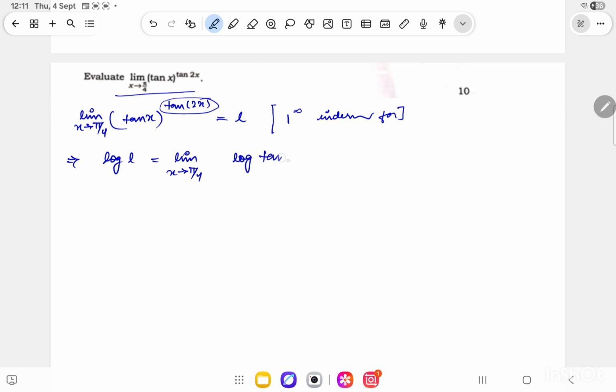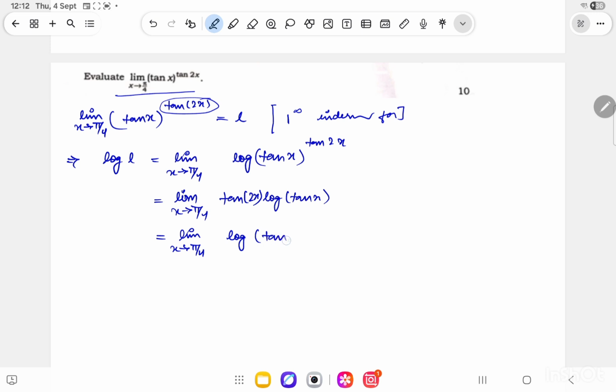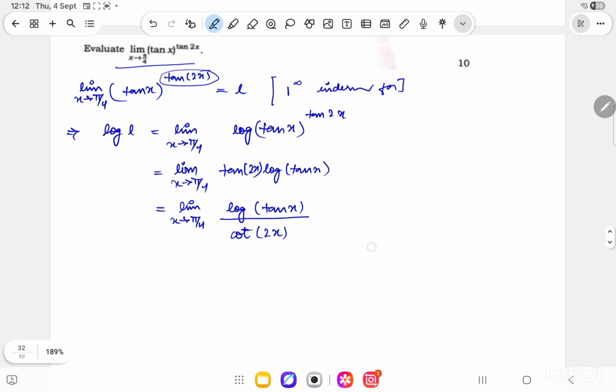So we'll be getting log L equals to limit x approaches pi by 4, log tan x raised to 2x. So this thing will be equals to limit x approaches pi by 4, log tan x into tan 2x. So this thing will be equals to limit x approaches pi by 4, log tan x divided by cot 2x.